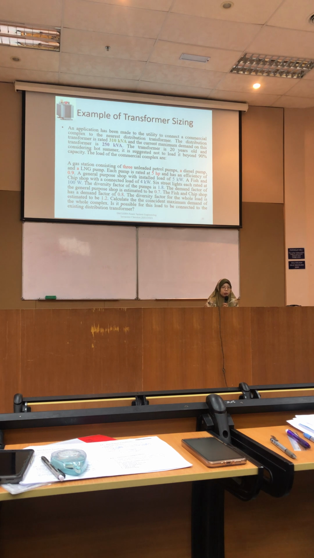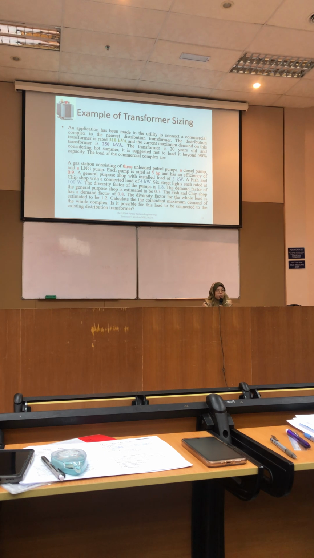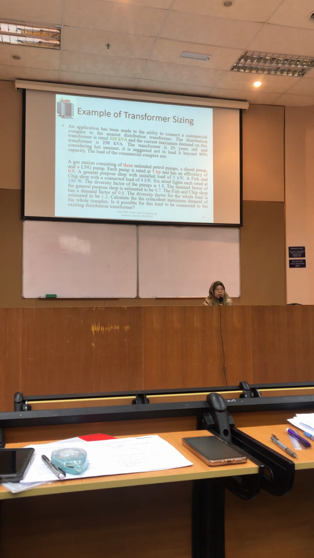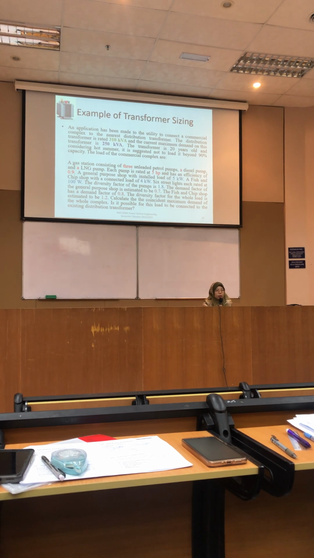The loads of the commercial complex are: 3 petrol pumps, diesel pump, LNG pump, 5 horsepower, efficiency is 0.9. Installed load is 5 kilowatt; fish and chip shop, connected load 5 kilowatt; 6 street lights, 100 watt.